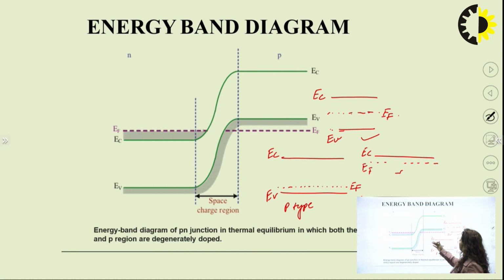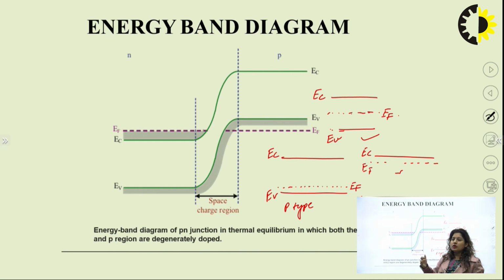You can see from the diagram that the P type has a higher conduction band and valence band as compared to the N type, because obviously the holes will transfer to the electrons when you contact both the P and N type of junction, and the electrons will move towards the P type.